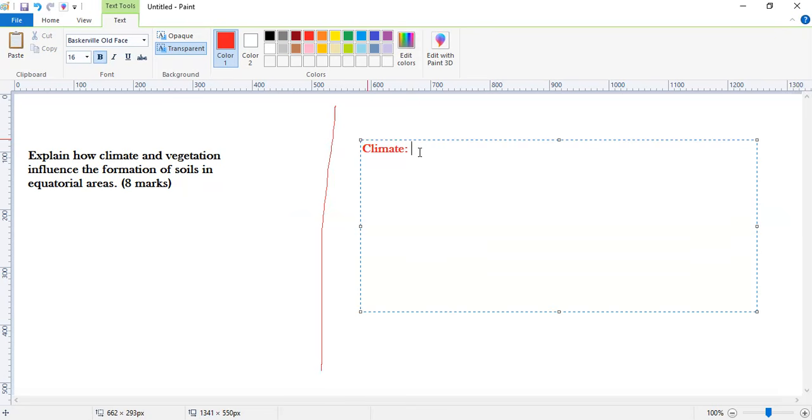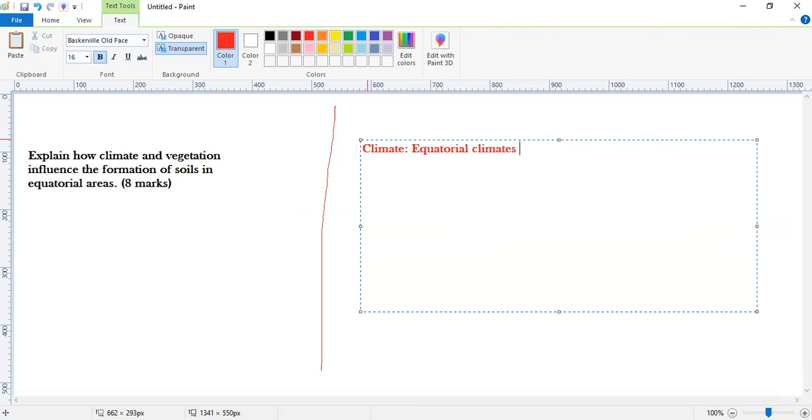All right, so we could say something about equatorial climates. We want to talk about the general characteristics of the climate.